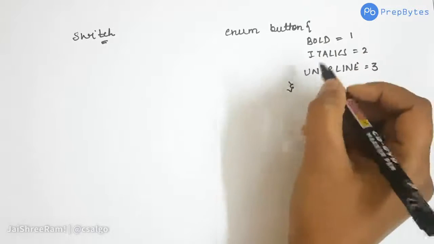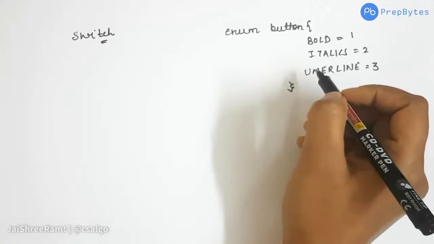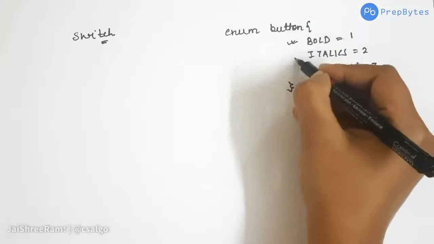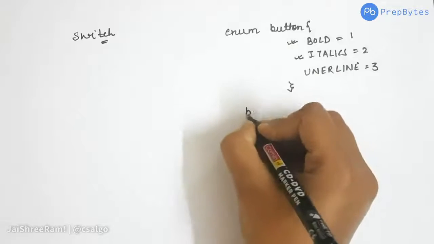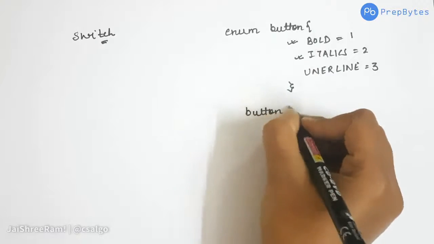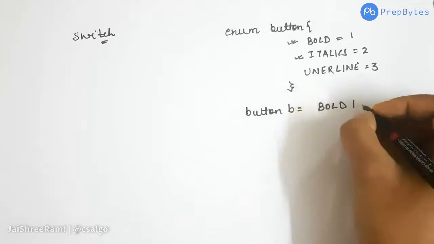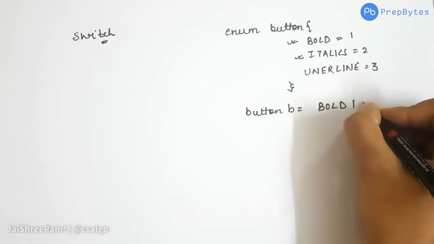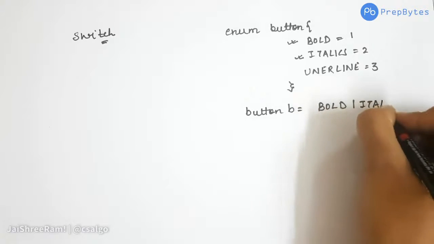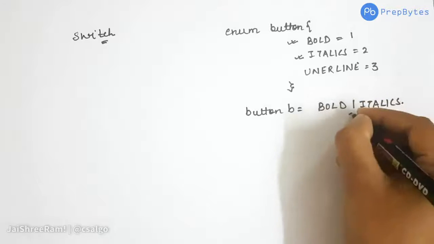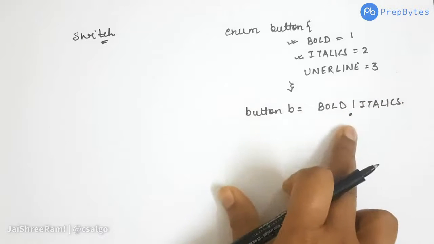Now let's say I want to make a button and I want to apply bold as well as italics. So what we can do is, we can do button b is equal to bold bitwise or italics. We will talk about this bitwise or.